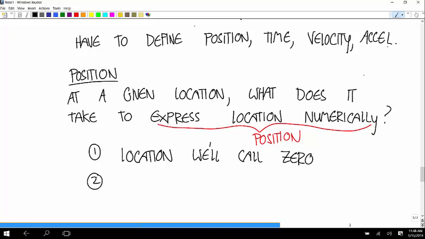And second, it takes choosing which direction is positive.